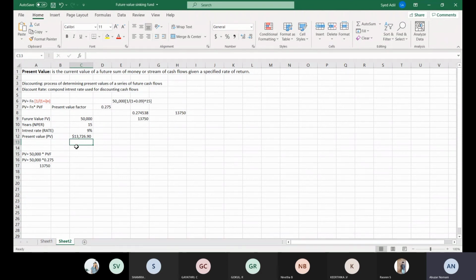We can compute it with the formula: present value is equal to future value into bracket 1 divided by 1 plus i raised to the power n, as well as with the present value factor, which we can see in the table, and then we can find it with the help of Excel with the present value formula.